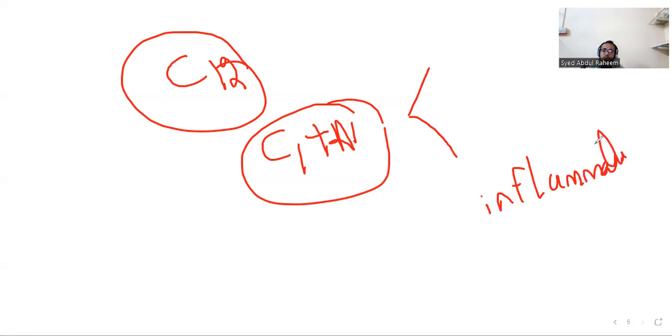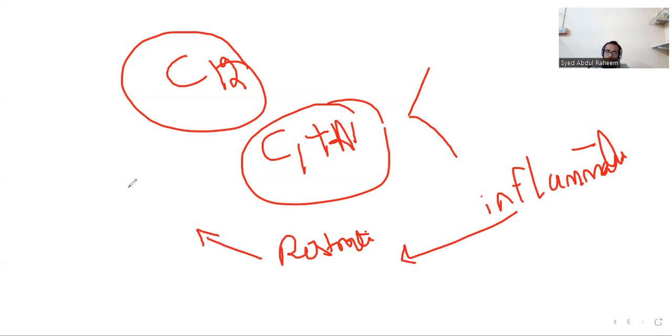Due to the inflammation, what is happening? We have destruction. Destruction will lead to disease, where the concerned organ is unable to do any function. So what does A1 do? A1 cures the inflammation process, and C1 restores this destructive process or stops the destructive process with the help of A1.